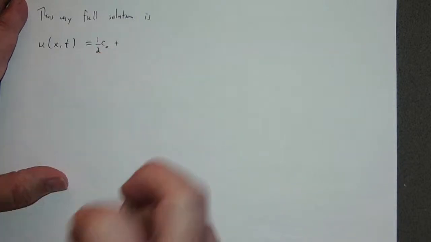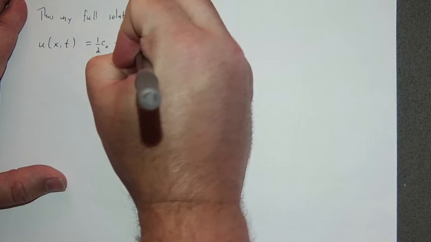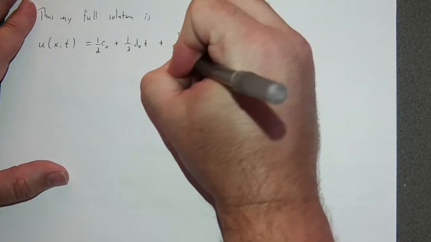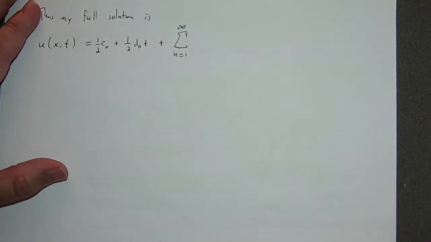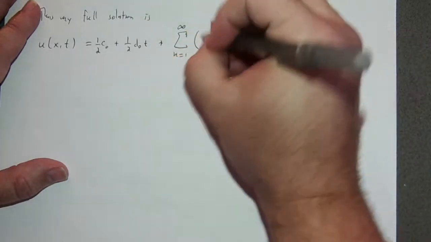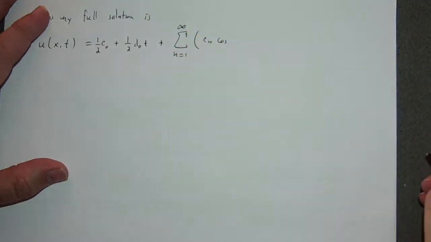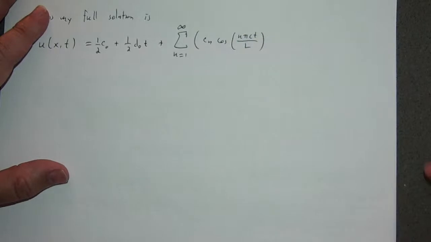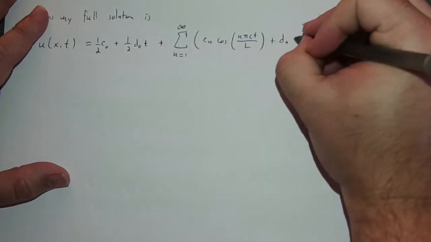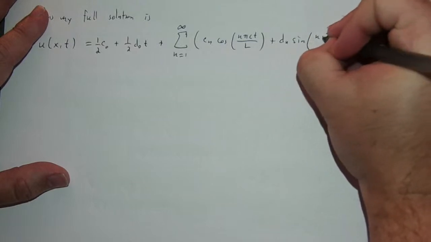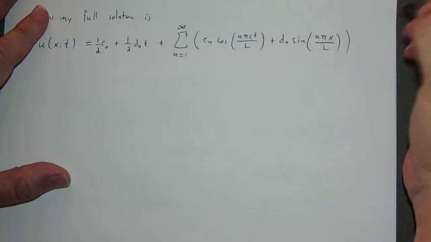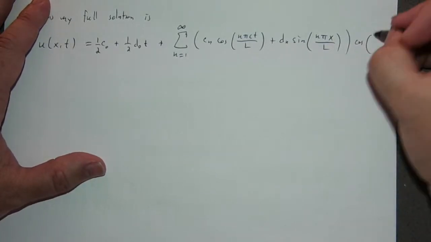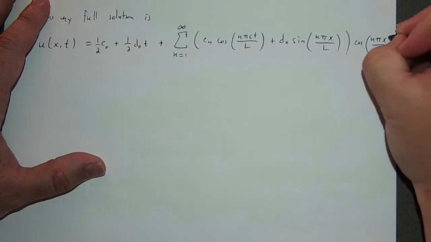So this is 1/2 c naught plus 1/2 d naught t plus the sum from n equals 1 to infinity of c sub n cosine of n pi ct over L plus d sub n sine of n pi ct over L, all times cosine of n pi x over L. Why is that not a sine?